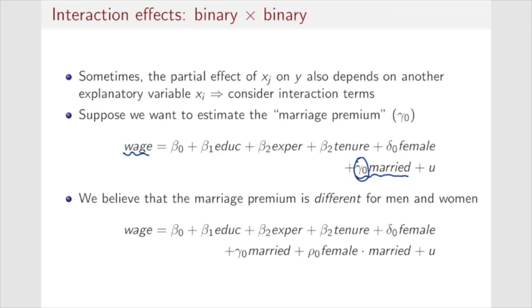Suppose we believe that the marriage premium is different for males and females. In other words, this gamma 0 is different for the female group and the male group. How can we test this hypothesis? One approach is to generate new dummy variables like we did for ordinal variables.